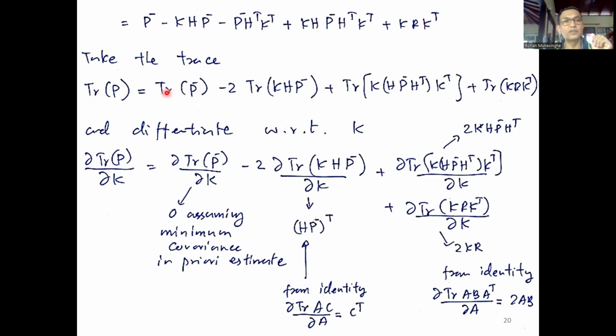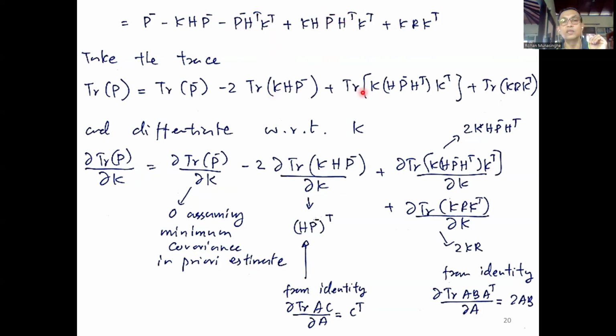When you do the right-hand side, you get trace P negative minus 2 times trace KHP minus plus trace of the third term. So I think you can add these two together. You can add these two together by transposing this one, and they will add to the same value.